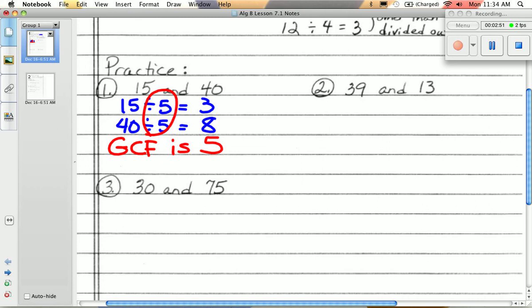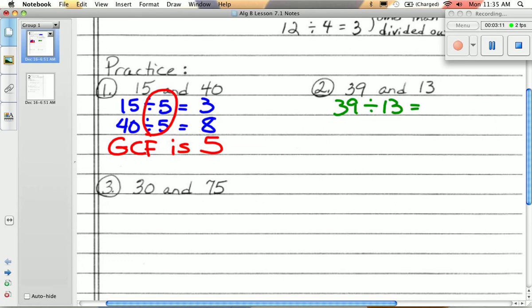Okay. How about number 2, 39 and 13? I think 13. So does 13 go into 39? Yes. Okay, so we could start with that. What is 39 divided by 13? Because we know 13 is going to be divisible by 13, right? 3.